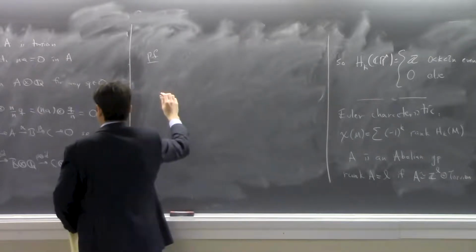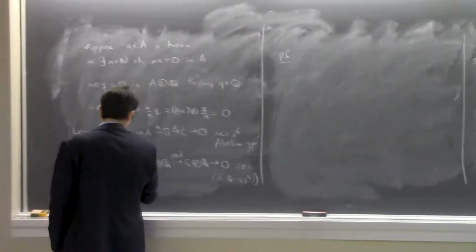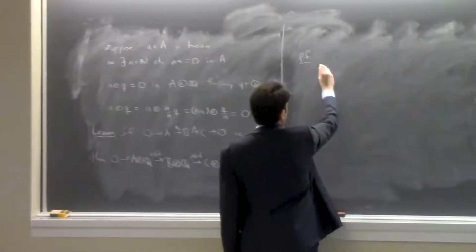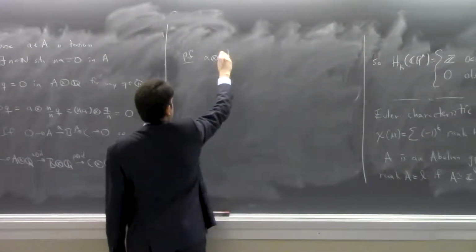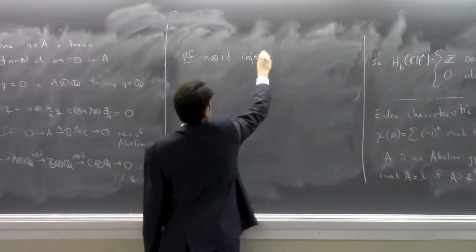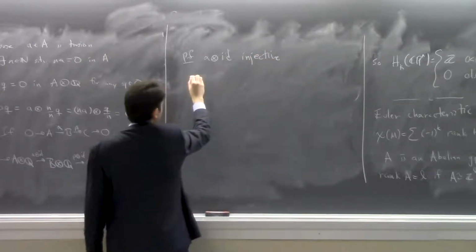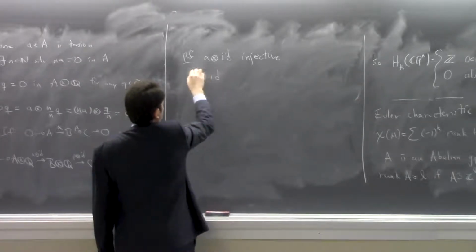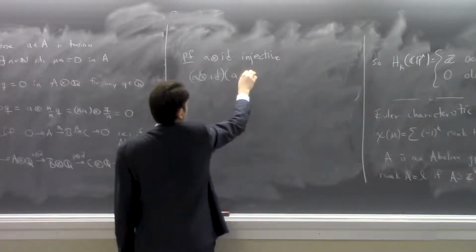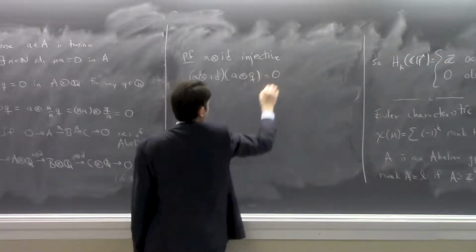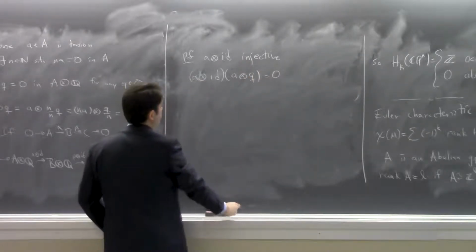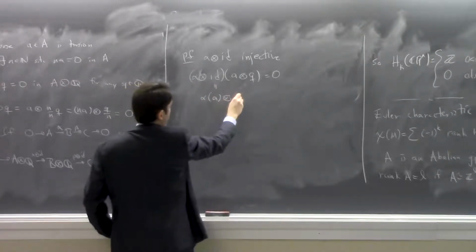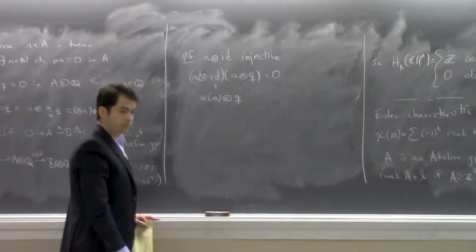So let's say we want to show that this is injective. So assume that alpha tensor identity of some element, A tensor Q, is equal to 0. So this is, by definition, alpha of A tensor Q. Right?